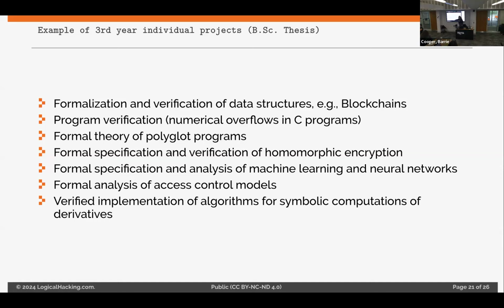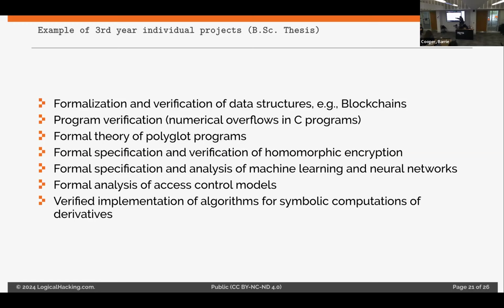We formalized polyglot programs, so two programming languages, same program is valid in both. We came up with properties that those programs need to satisfy so that they actually compile in both languages. Teddy, who is here in the room, has done a project on homomorphic encryption.